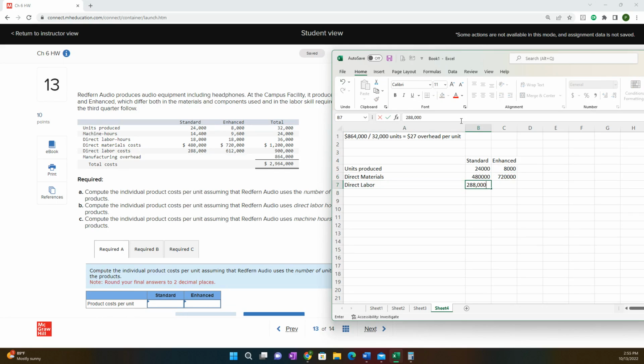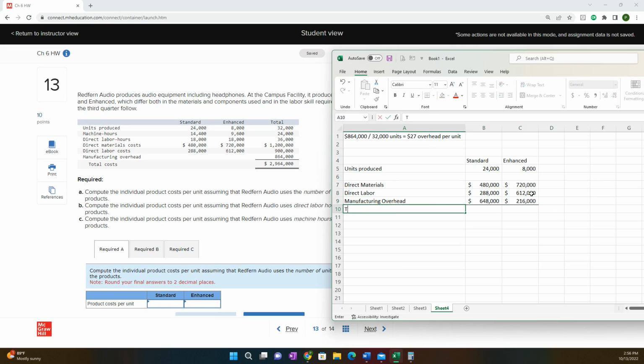And for manufacturing overhead, we're going to do $27 times the number of units produced. That gives us $648,000 for standard and $216,000 for enhanced. So our total costs, standard will be $1,416,000 and $1,548,000 for enhanced.